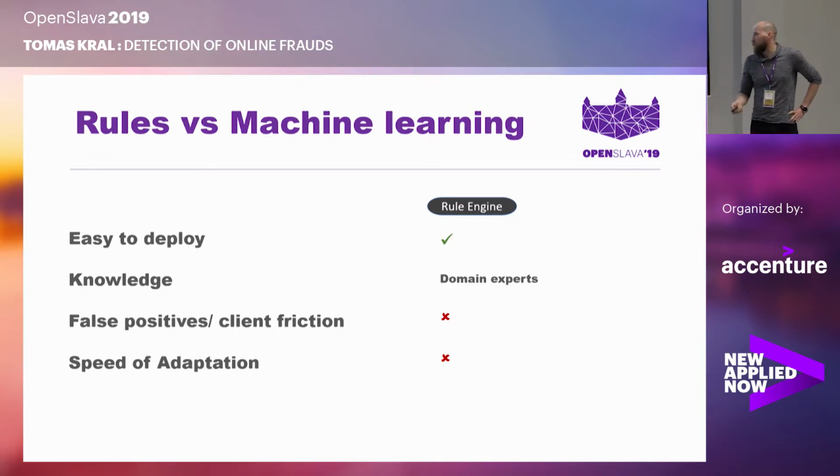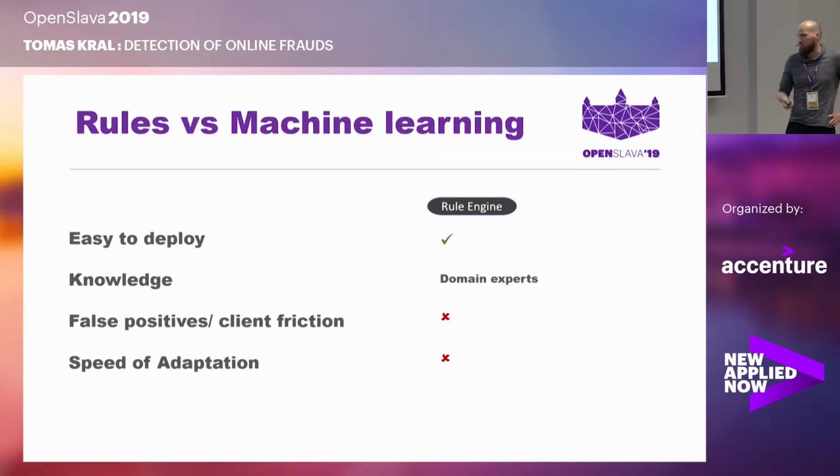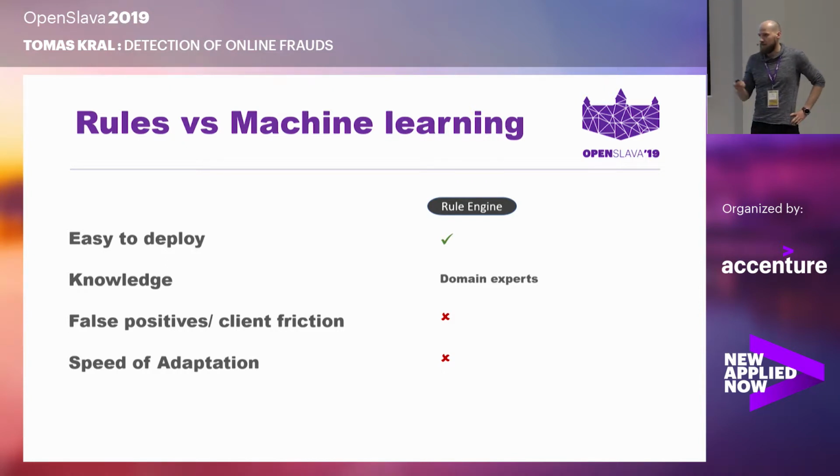You only need domain knowledge experts like me, and it usually works. But the issue of this approach is too many false positives. There are like 100% false positives, so analysts have a lot of work, and it can't be managed in daily life.